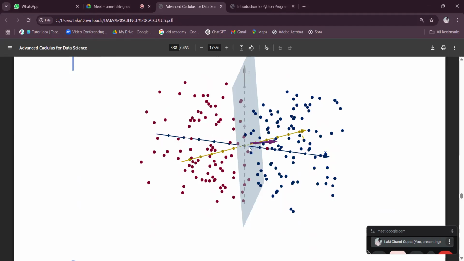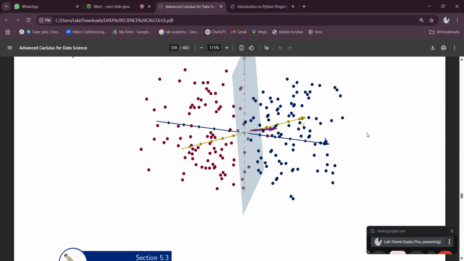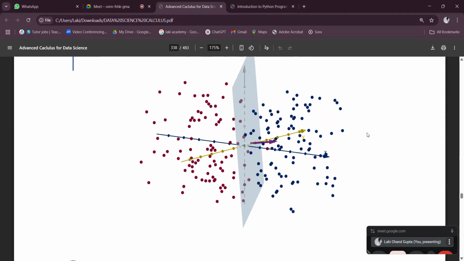And this yellow line is perpendicular to the equation of plane, right? This plane. Okay. It is only a representation. Here you can observe that this is a plane actually.